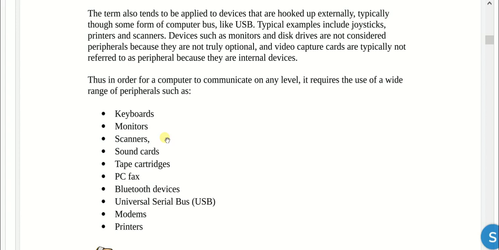And from time to time, we would see the acronym USB. So USB stands for what? Universal Serial Bus. Good. And we have modems and we also have printers. When you hear the term modem, what comes to mind automatically?